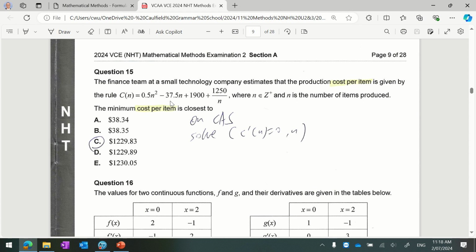And once I determined that is the case, I just differentiated the cost function, made it 0, and solved for n. And once I get the answer for n, I still need to substitute that back into the C function and I get the answer. So you can't just find n, you need to sub n back in to find the actual cost.